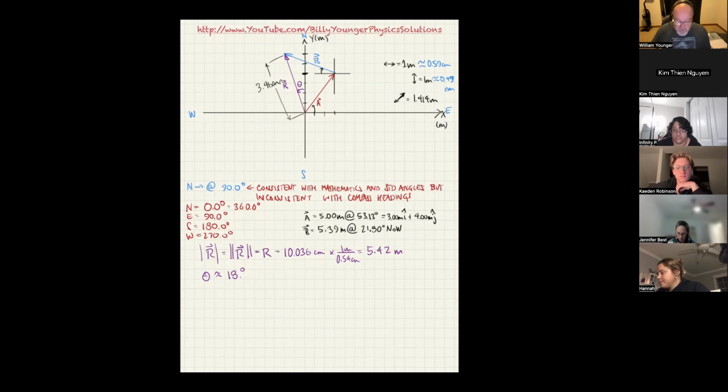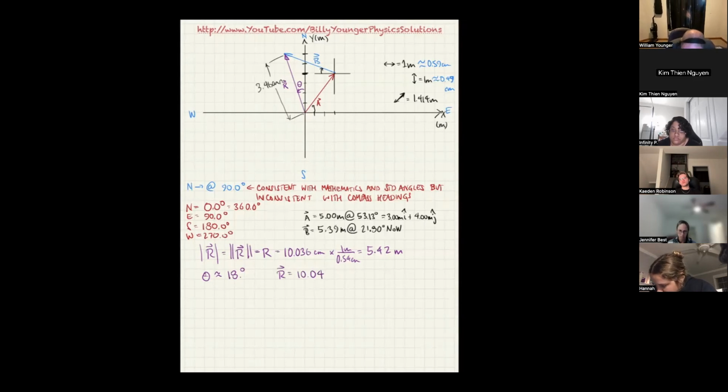So I'm just going on a whim here to see how close we can get despite all this. So I found out that the results were R is supposed to equal 10.04, or excuse me, 5.4. Yeah, I should do it that way. I grabbed the wrong number. Sorry about that.